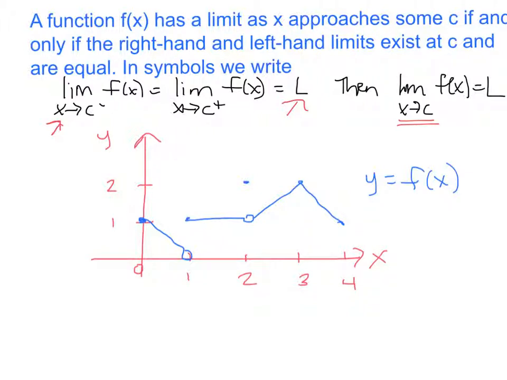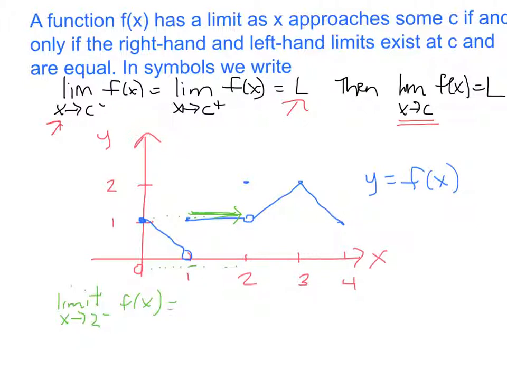So I'm going to take a look at this function over here one more time, and I'm going to take a look at what's happening to my function as x goes to 2 from the left-hand side. So as I start to come in here, I'm noticing what's happening to my function. Well, over here I notice my function is getting really, really close to the number 1.